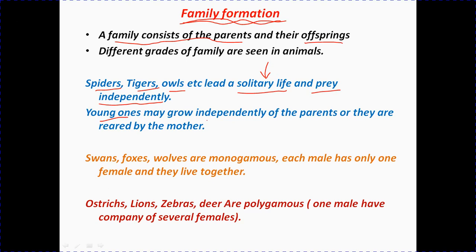Sometimes the young ones grow independently of the parents, or mostly they are raised by the mother. Like in the case of the tiger, the young ones are raised by the mother only.